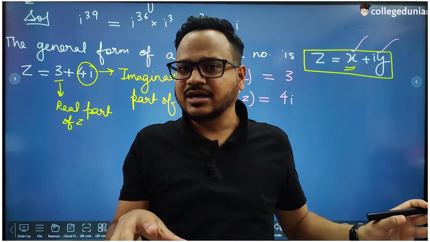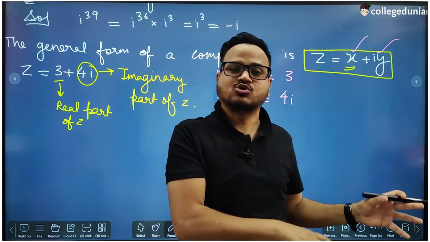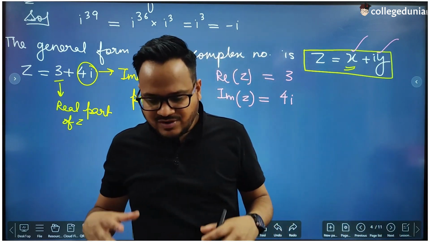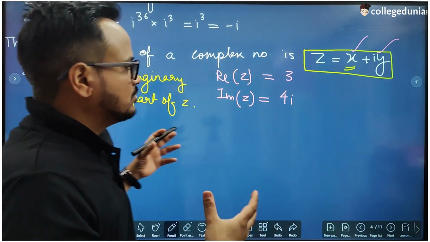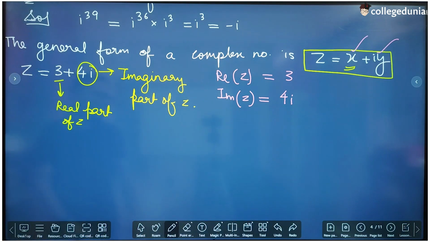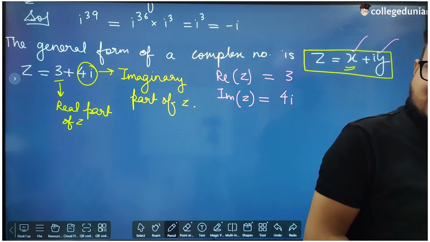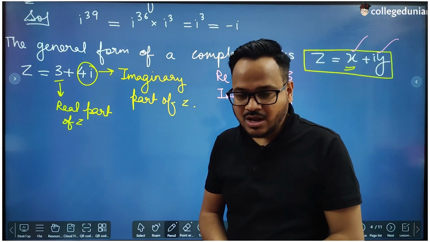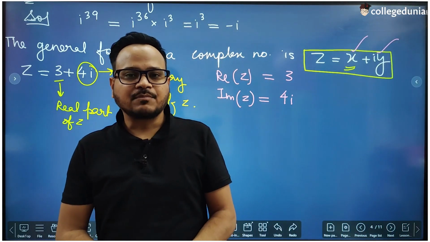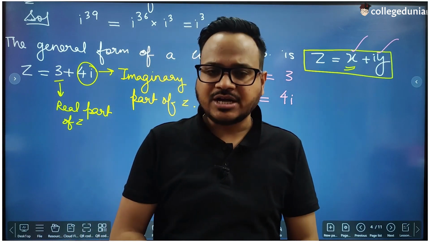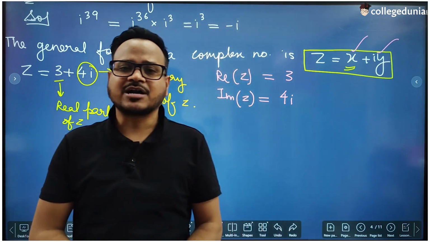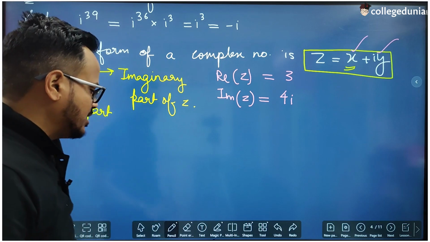You cannot add the term which has x to a term which has x square. So when we add two complex numbers, the real part is added to the real part, and the imaginary part is added to the imaginary part. Or when we subtract two complex numbers, the real part is subtracted from the real part and the imaginary part is subtracted from the imaginary part.